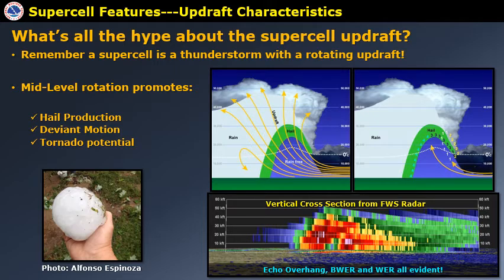We can see that, again, these conceptual models match up pretty well with our real-life example from our vertical cross-section from the Fort Worth radar down to the southwest near Stephenville. Now, the growth by accumulation of supercooled water drops on the ice hydrometeors, this is known as riming, can allow for these hail embryos to become larger and larger.